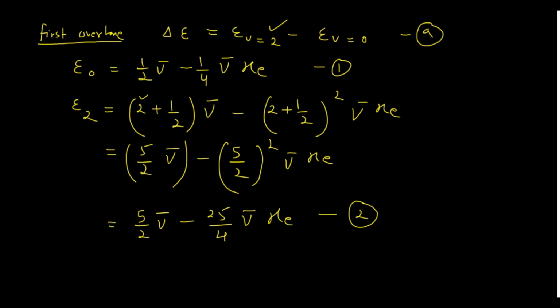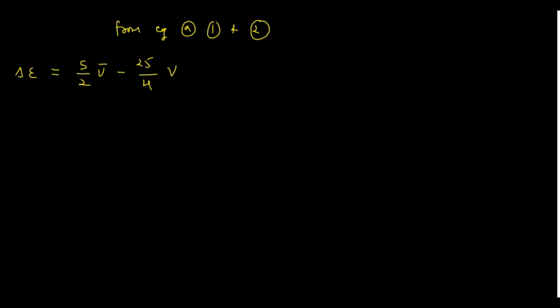So I can write here, from equation A, 1 and 2, delta epsilon equals 5 by 2 of nu bar minus 25 by 4 of nu bar XE, bracket close, minus half of nu bar minus 1 by 4 nu bar XE.